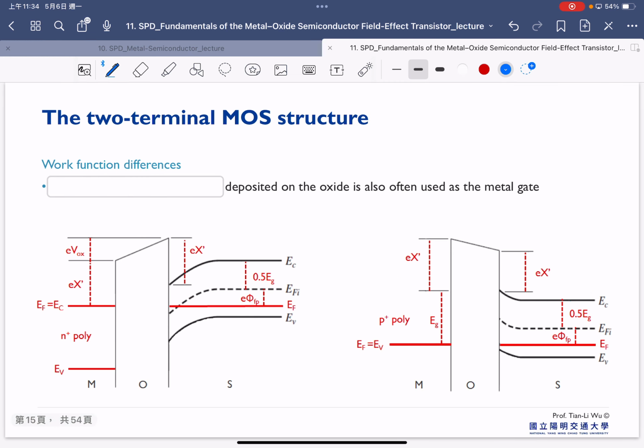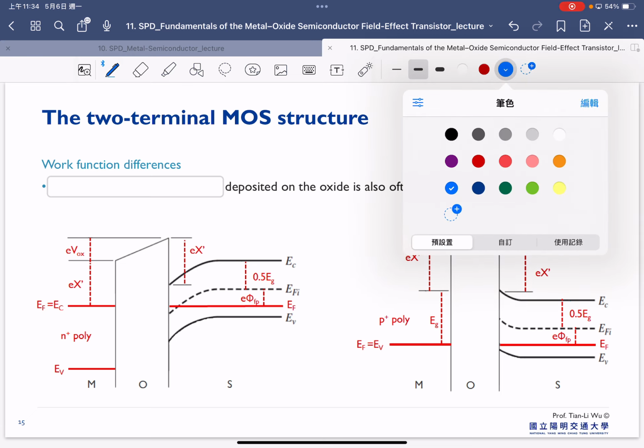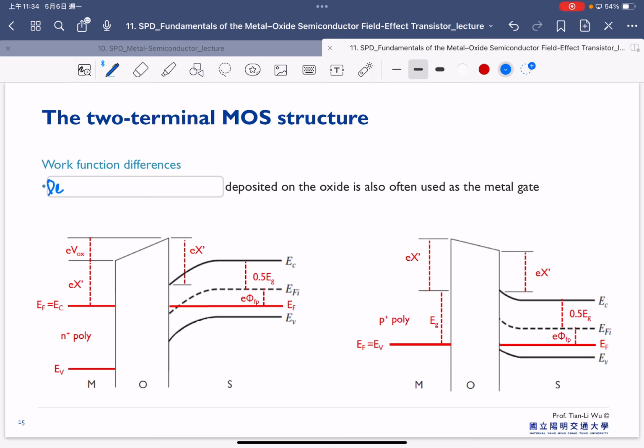And one more small note: sometimes we don't only use a metal gate, but sometimes we use degenerately doped polysilicon. The reason is that we want very low resistance from the gate electrode.